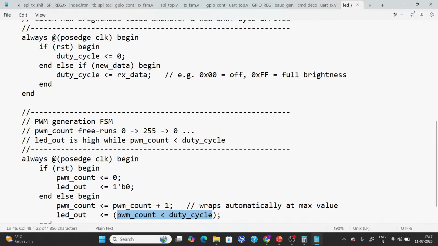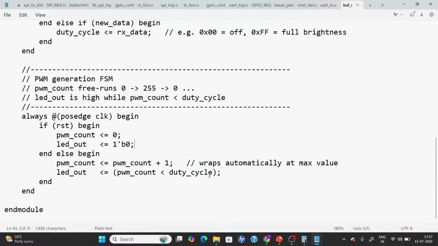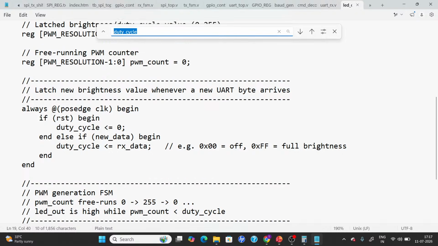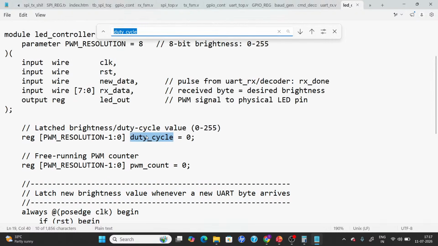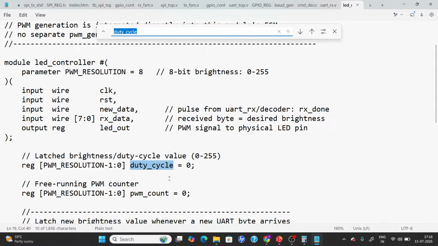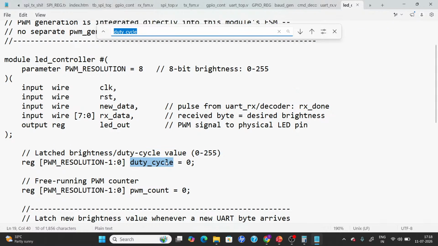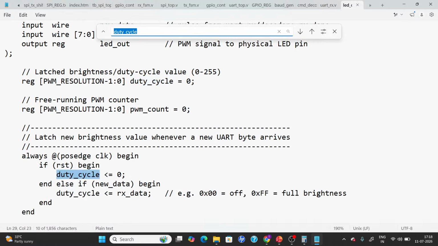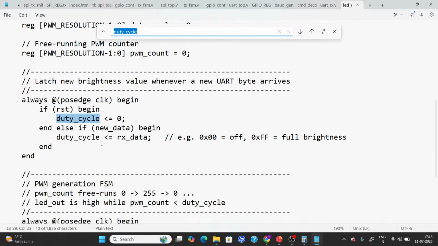So what does this mean? Let me show you this duty cycle once. This is your duty cycle, and initially it will be equal to 0. Now, the duty cycle value you are going to give via this rx_data. This is basically for adjusting your brightness.